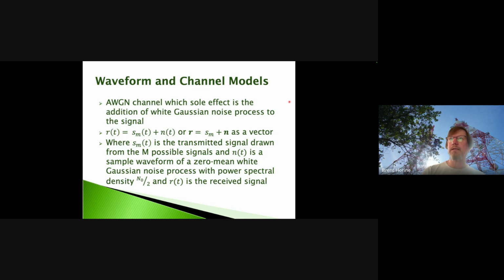Again, this is for the additive white Gaussian noise channel. We're going to study this because ultimately it's the limiting case. We might have lots of other things, but we can improve that and maybe compensate or eliminate other impairments, but ultimately we're still going to have some noise in our system.